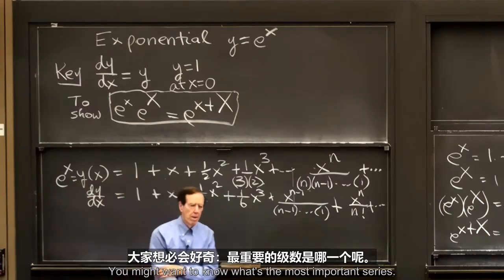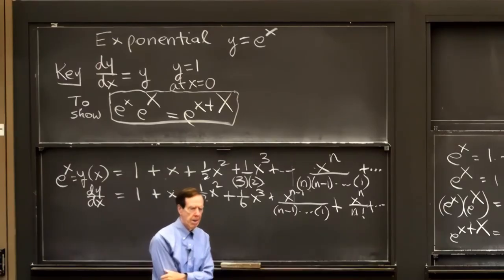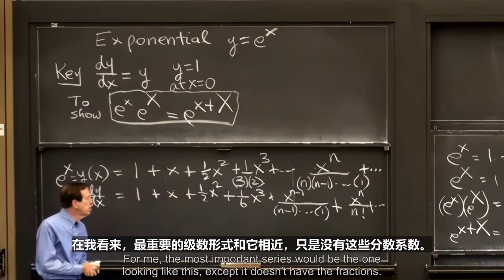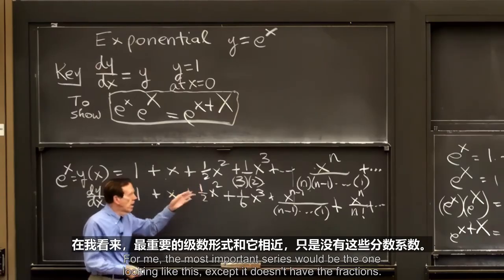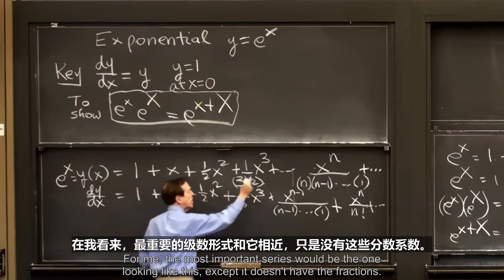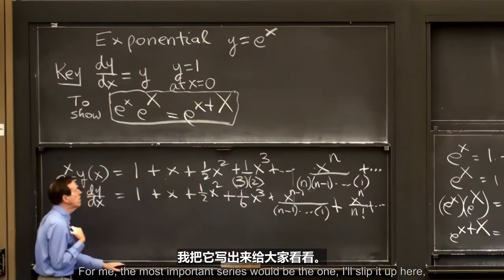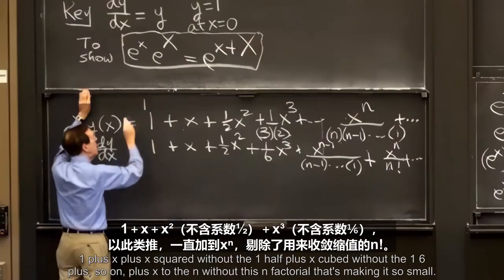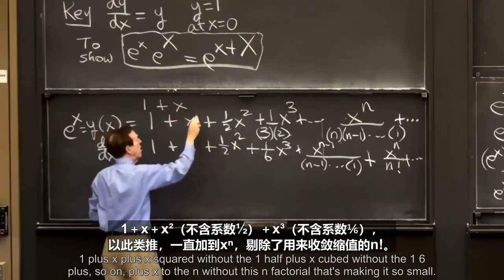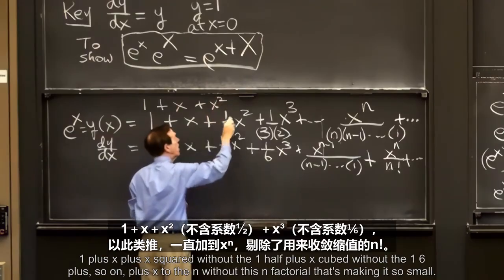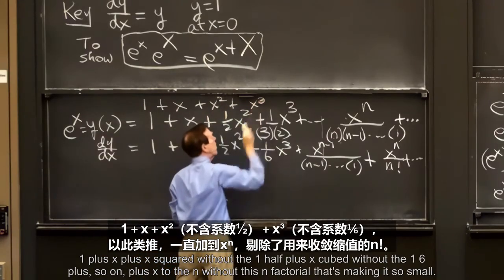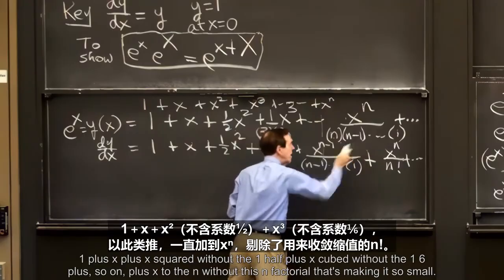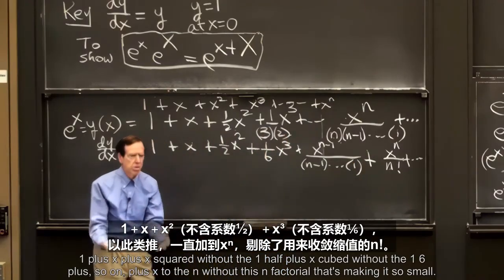You might want to know, what's the most important series? Reasonable question. For me, the most important series would be the one looking like this, except it doesn't have the fractions. I'll slip it up here: 1 plus x squared without the half, plus x cubed without the 1/6, plus so on, plus x to the n without this n factorial that's making it so small.